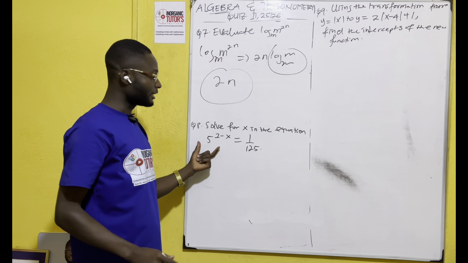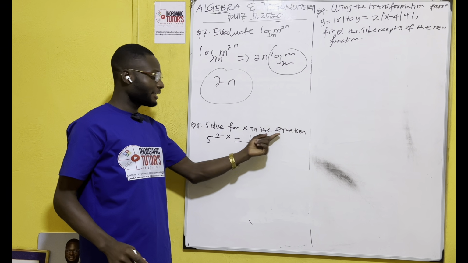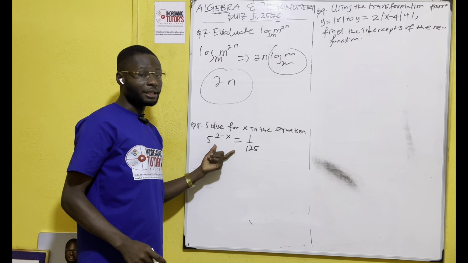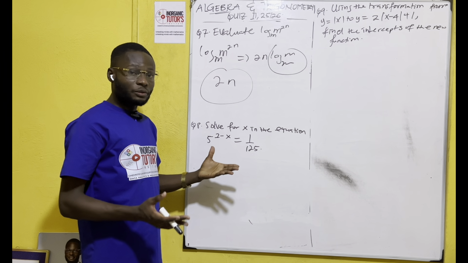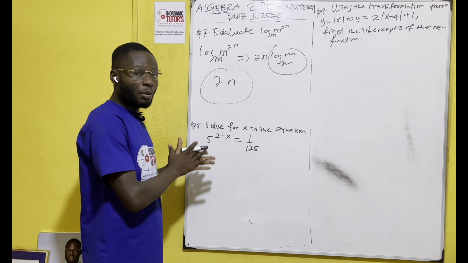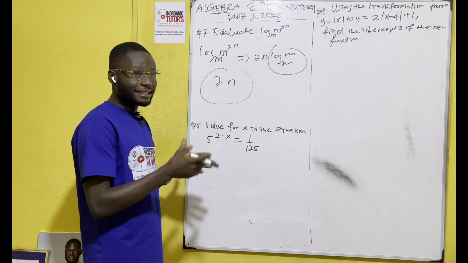With question number 8, we want to solve for x in the equation 5 to the power 2 minus x equals 1 over 125. Now, to easily do this, we have to express both sides of the equation with the same base, right?